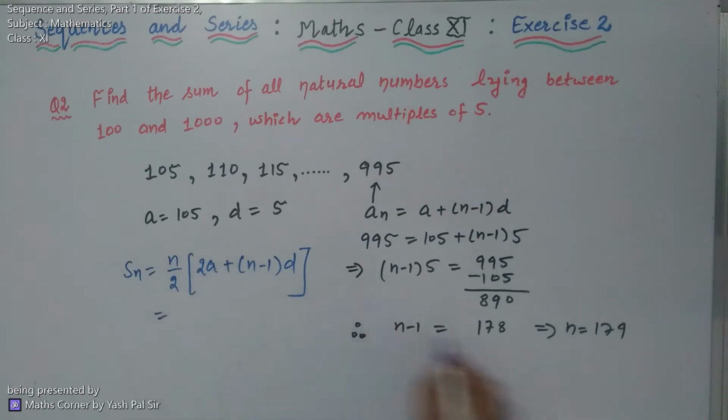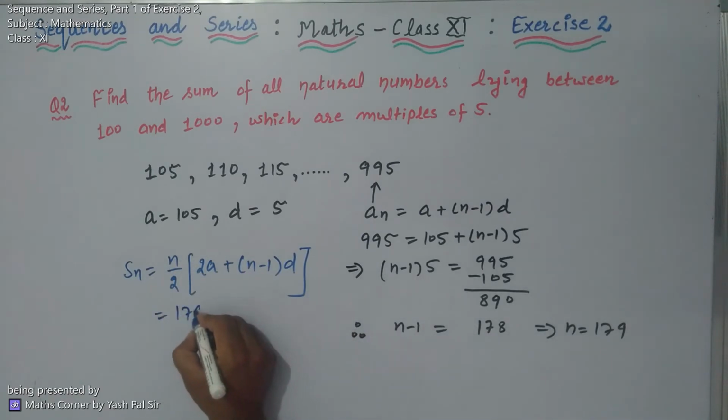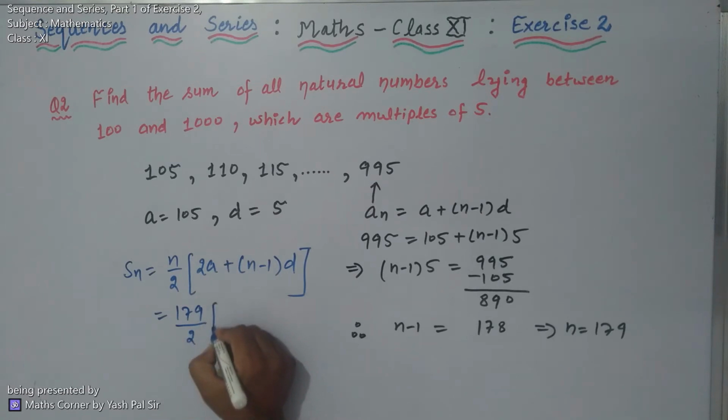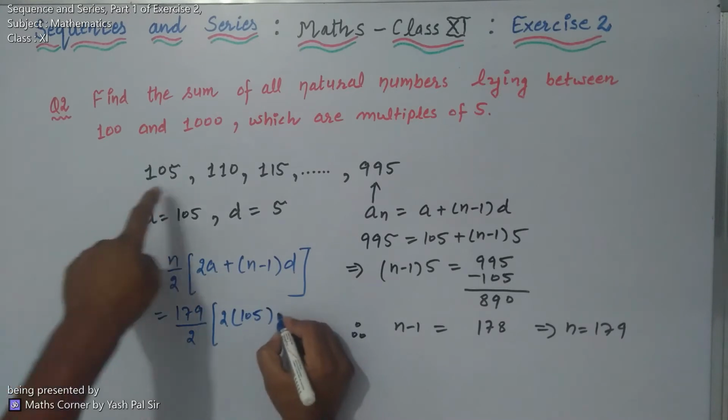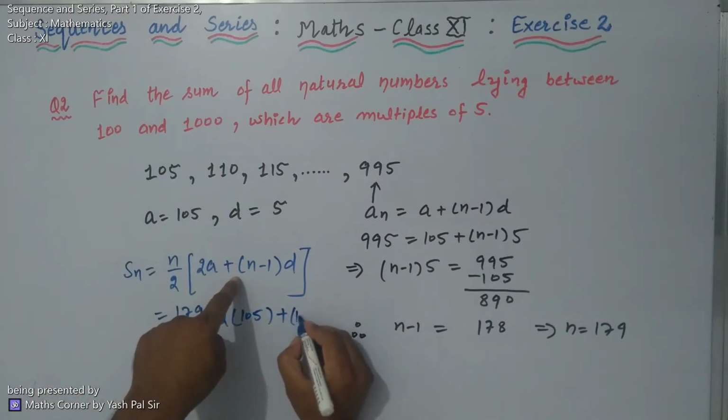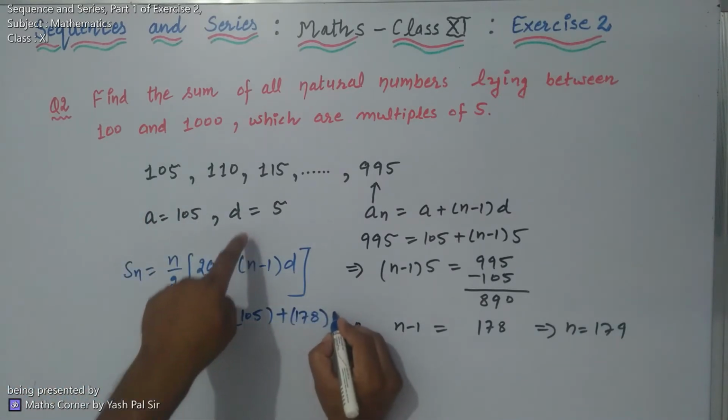So this becomes 179 divided by 2. 2 into a is 105 plus 178 into d is 5.